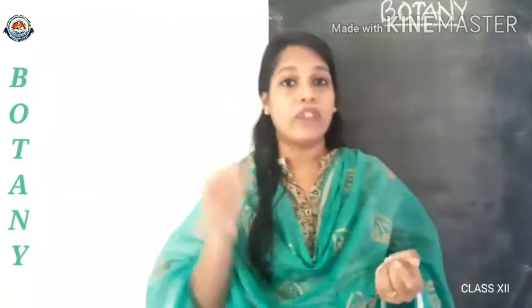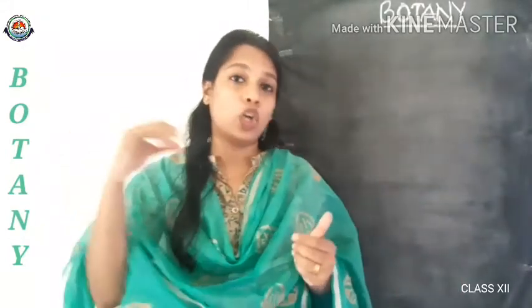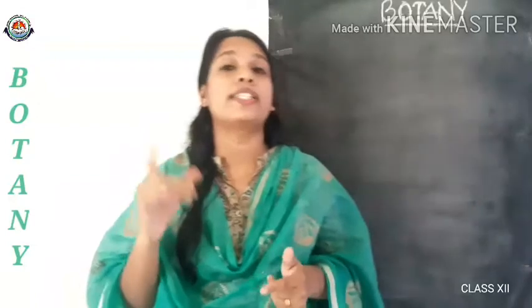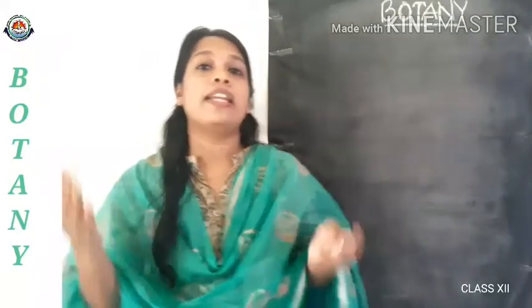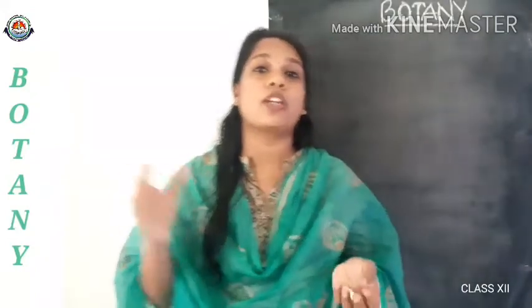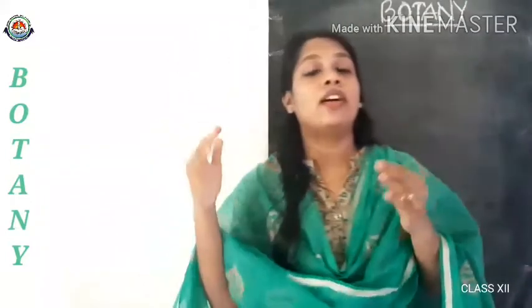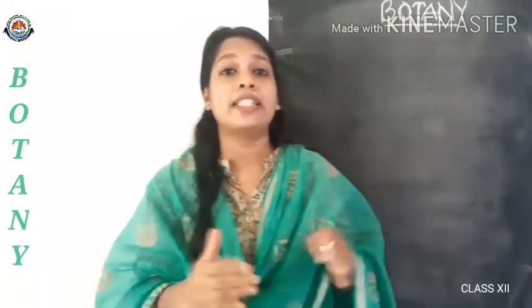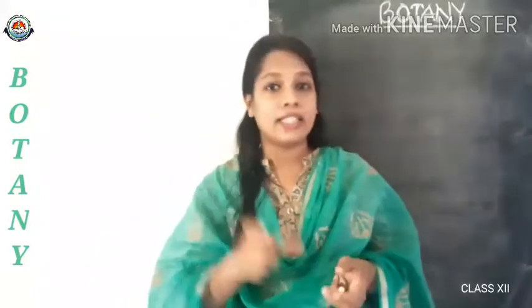I repeat, when the desirable gene or the alien DNA is incorporated into the BamH1 site of the tetracycline resistance region of PBR322, it will lead to the inactivation of the tetracycline gene. So the tetracycline resistance gene of the plasmid will get inactivated by the insertion of this alien DNA.